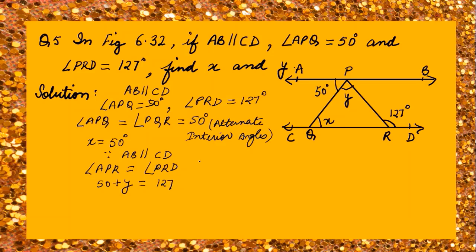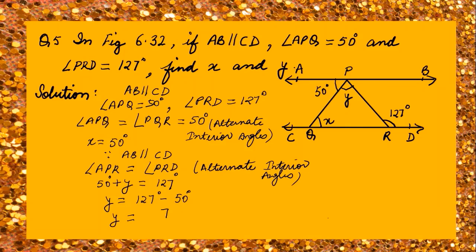This is also the same reason, alternate interior angles. Okay, now Y equals 127 degrees minus 50 degrees, so Y equals 77 degrees.